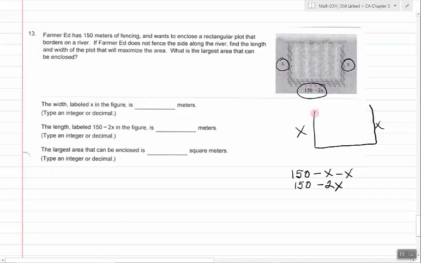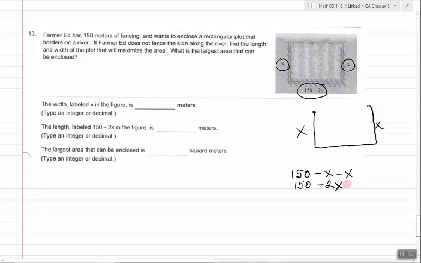Now they did it right here, X, 150 minus 2X. But I wanted you to know why. He has 150 meters all the way around. If he comes out this far, and we don't know how far, but it's X, then he has how much left over for this side. It's the total minus what he used up.